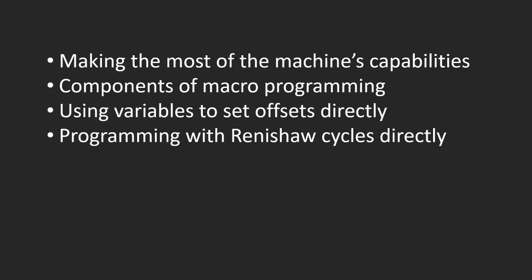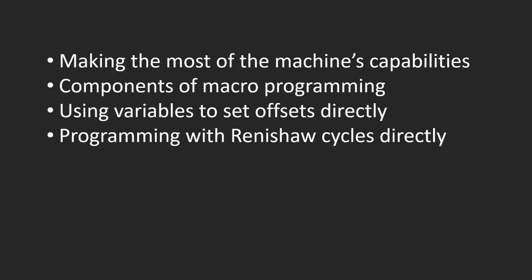Instead of using probing, or typing in values or setting them manually, we can write directly to the variables through macros. And then we'll also look at using the Renishaw cycles directly instead of the conversational programming that Haas has on their machines, and the benefits of those.